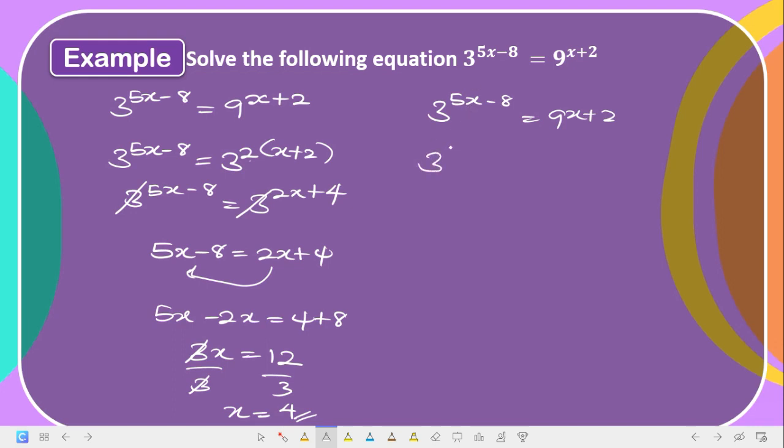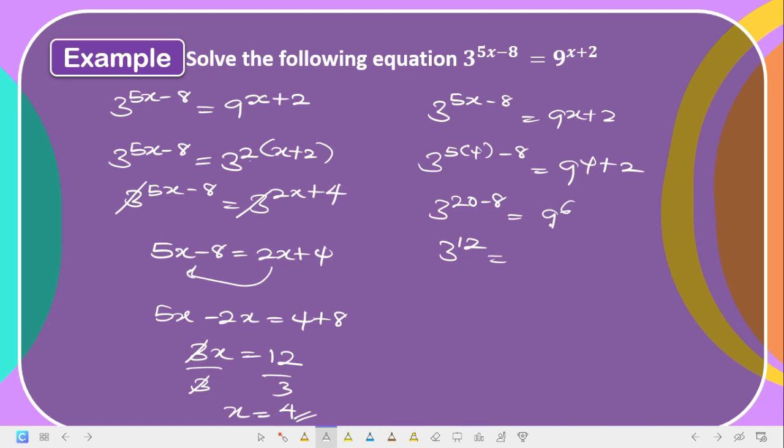This becomes 3 raised to the power of 5 bracket 4 minus 8 is equals to 9 raised to the power of 4 plus 2. And this gives us 3 raised to the power of 5 times 4, which is 20, minus 8, is equals to 9 raised to the power of 4 plus 2, which is 6. And this becomes 3 raised to the power of 20 minus 8, which is 12. Is that not so?